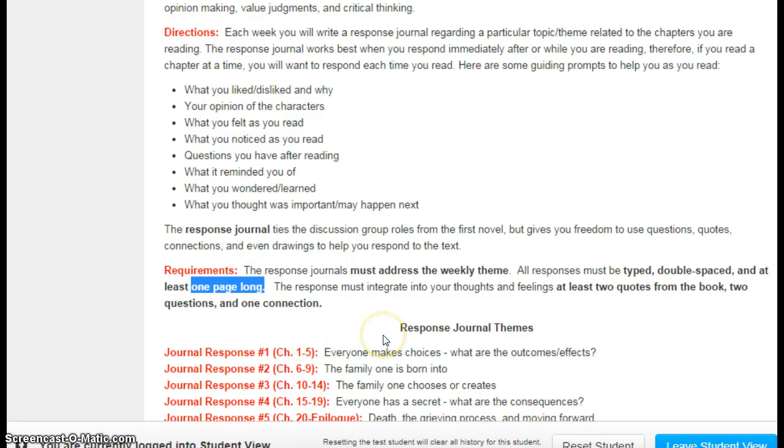Now, what we want you to do is to integrate at least 2 quotes from the book as you're responding, 2 quotes that jump out at you, 2 questions that you have that maybe promote discussion like we did last time, and 1 connection that you can make, either a connection that you have with the book or a connection with something else that you've seen or watched or read or something in the news. Okay? I hope that helps you.